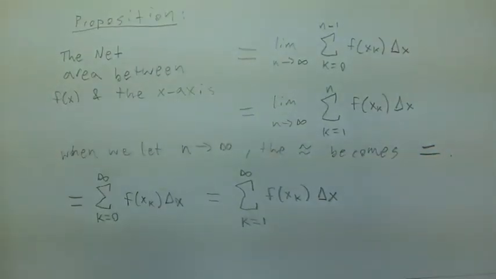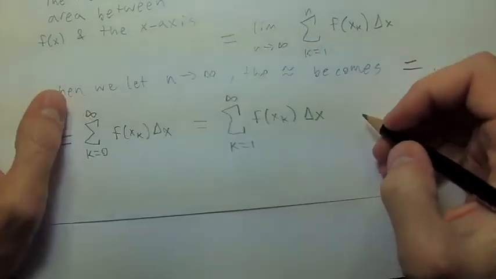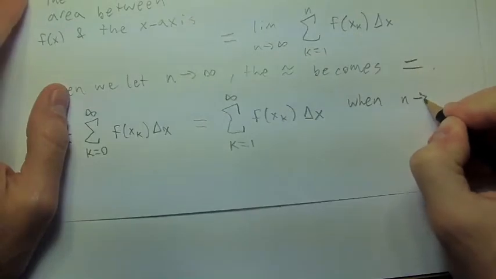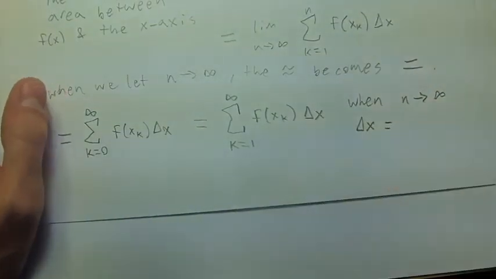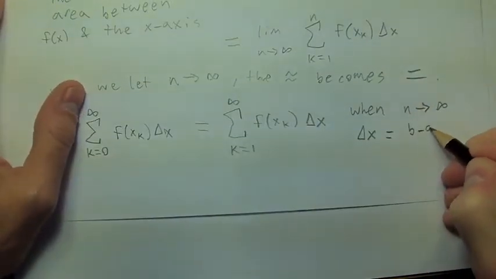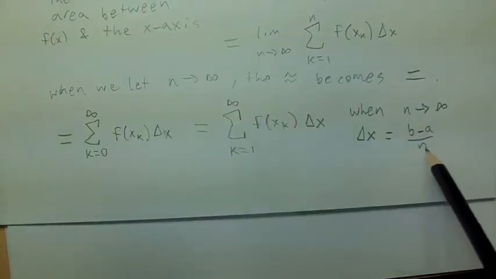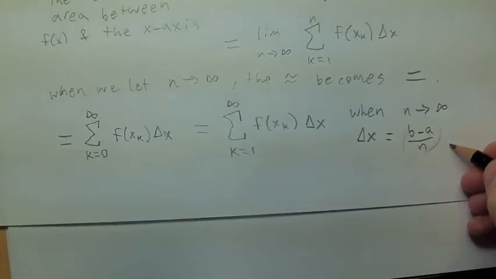Now, when n goes to infinity, here's the final step, delta x. Well, delta x, remember, is b minus a over n. So this is just some constant, but the denominator is going to infinity, so where does this thing go?